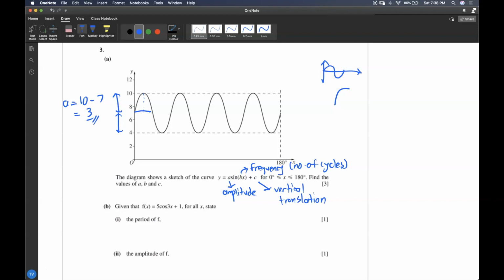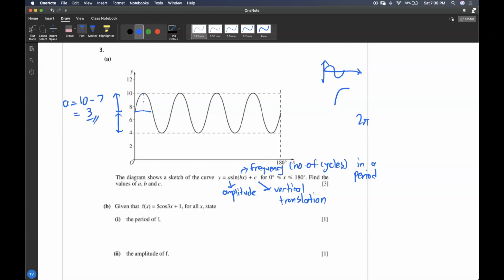This frequency usually stands for the number of cycles in a period. A general period of a sine graph is 2 pi, but we only have it until pi or 180 degrees. So we have to be careful with that. Now let's count how many cycles we have first. 1, 2, 3, and 4.